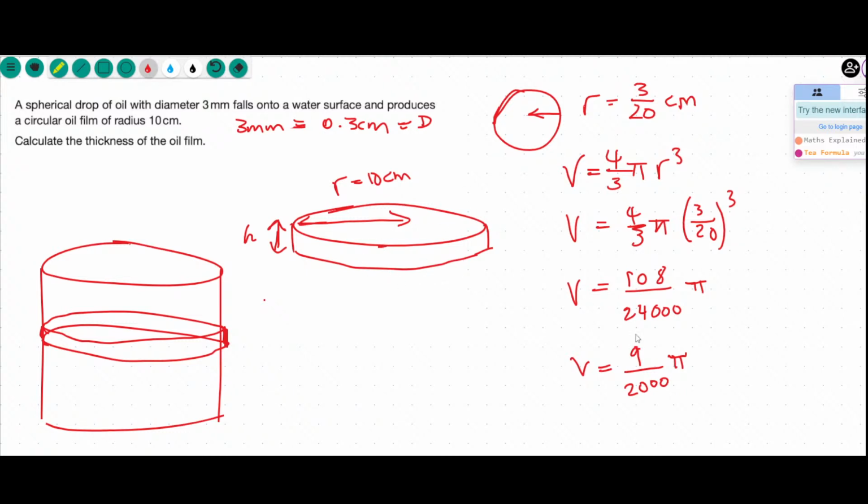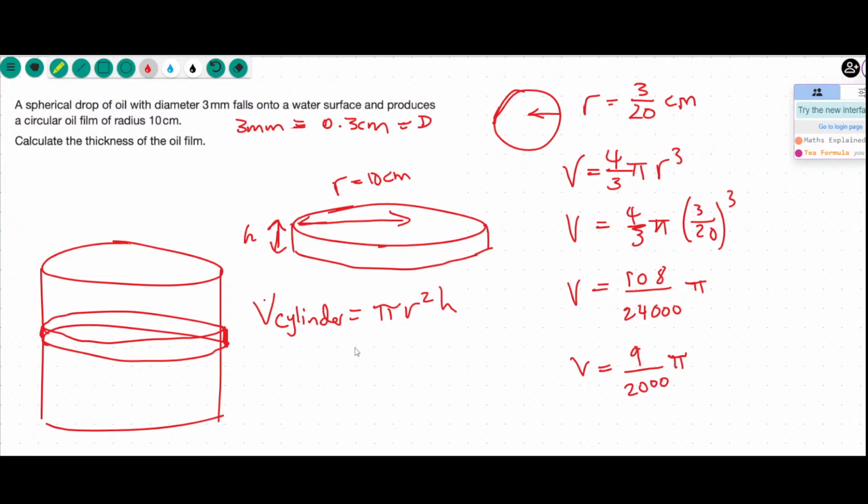Okie doke. This is the volume, and it's going to be equal to this cylinder of oil. And we've got another expression to find. So, volume of the cylinder is equal to pi r squared h again, so we will just do it as it is.